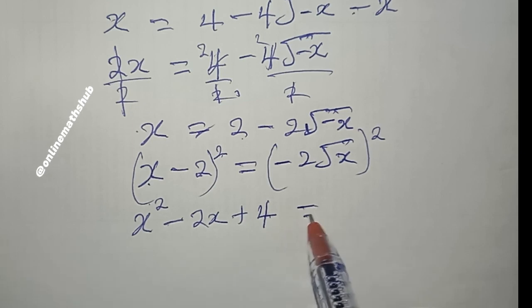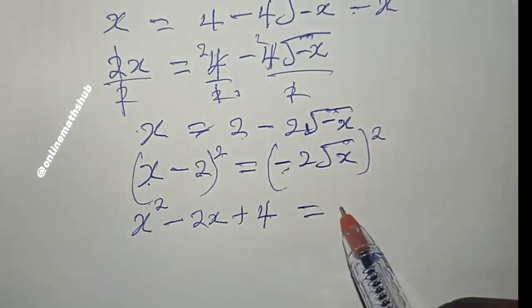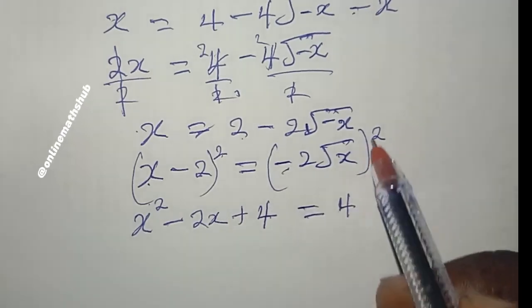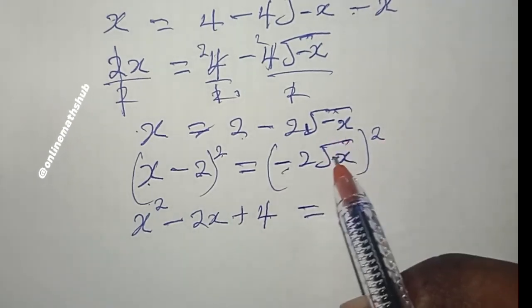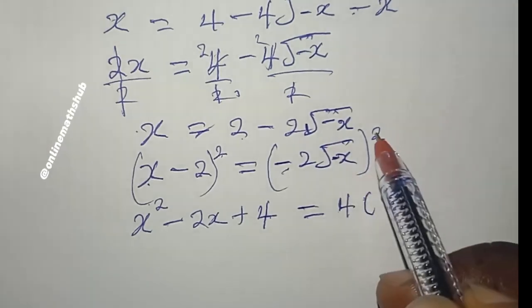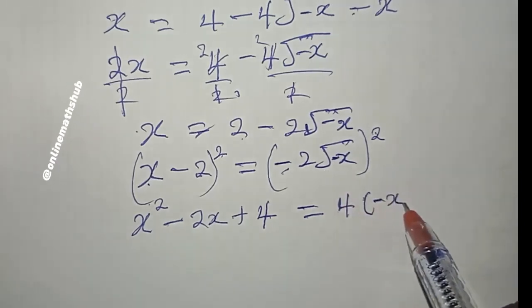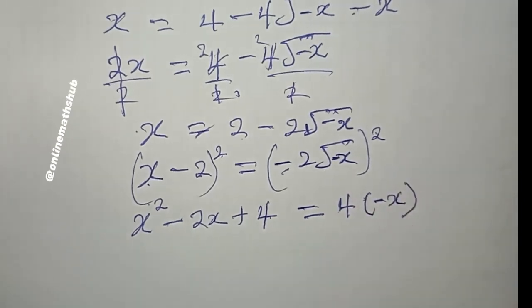It is equal to negative 2 power 2, which will give us 4, and then this is negative x also multiplied by this 2 here will cancel this square root, and then I have negative x left.